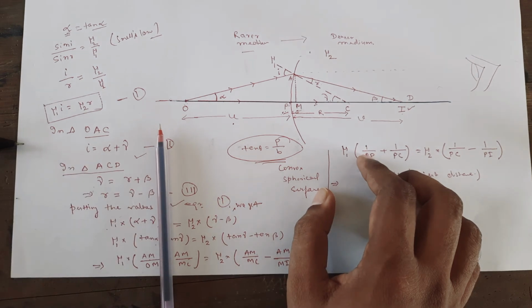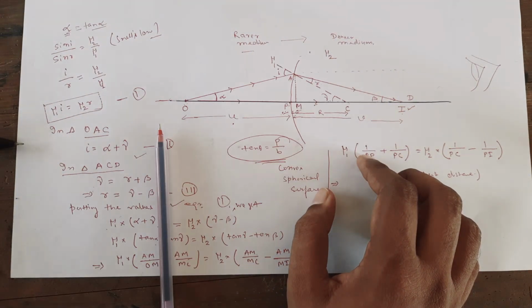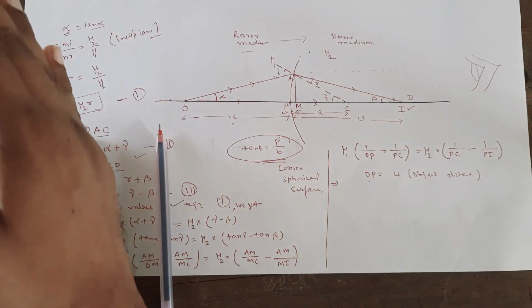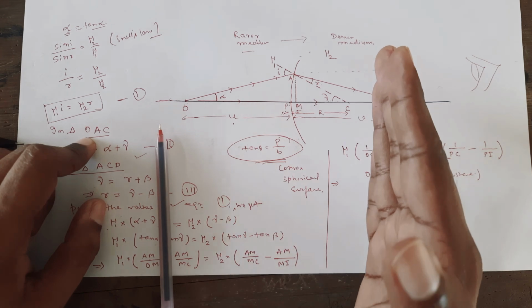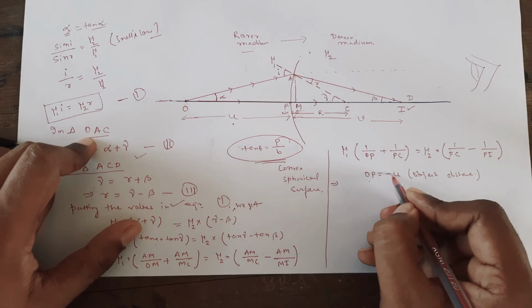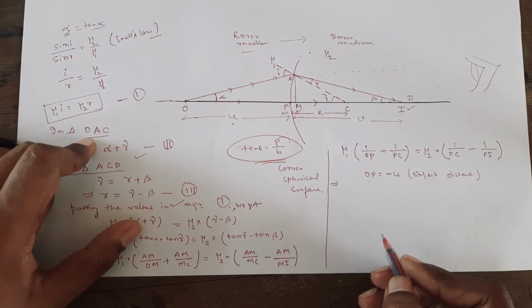Rays are initially going from left to right, so this is the original direction, and the original direction is considered positive. So if you are going in the opposite direction, we have to measure the distance as negative. So here the object distance will be negative, so putting the sign minus u over here.